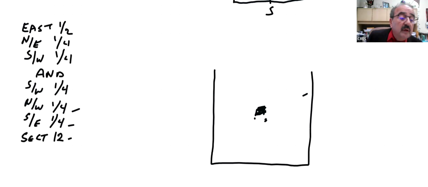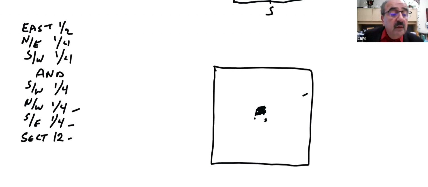Let me do this in a different color ink. Let me change the color. So, and then I'm going to continue. Now I want the southwest 1/4. I think I drew my lines too much. Hold on a second. Yeah, I need to erase again. Sorry about that. I want to clean this up. Okay.